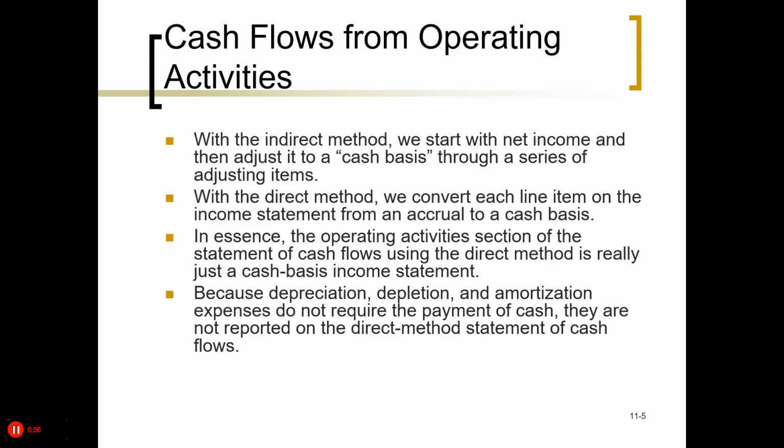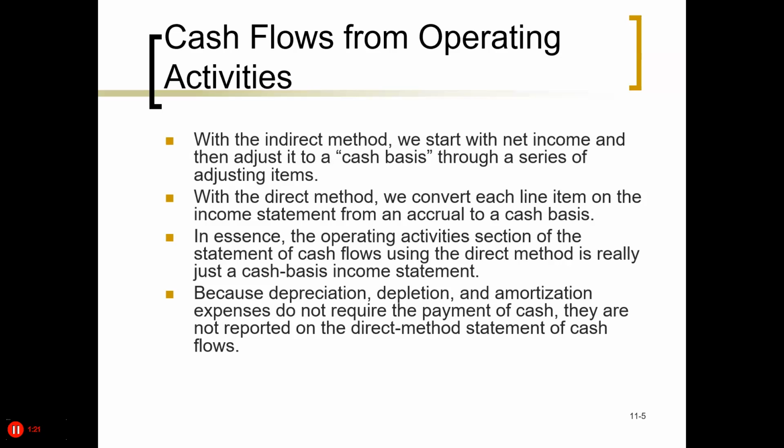Now, with the indirect method, we start with net income and then adjust it to cash basis through a series of adjustments. With the direct method, we convert each line item on the income statement from an accrual to a cash basis. In essence, the operating activity section of the statement of cash flow using the direct method is really just a cash-based income statement.